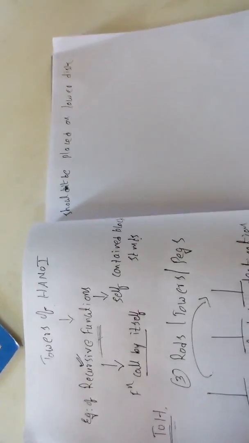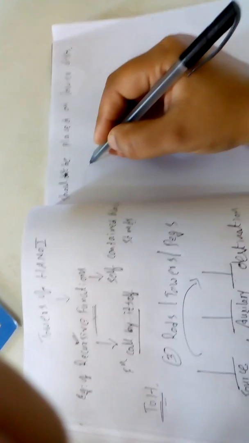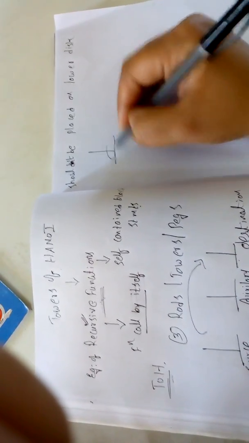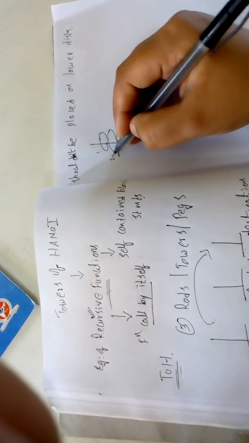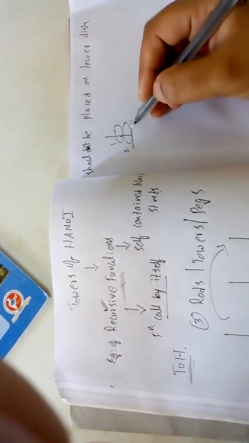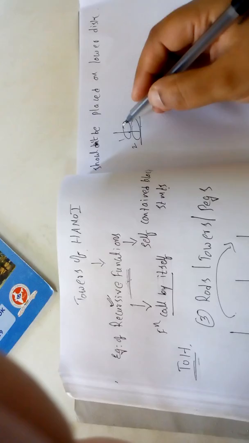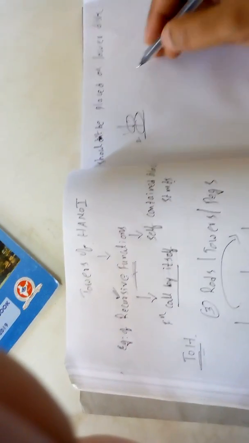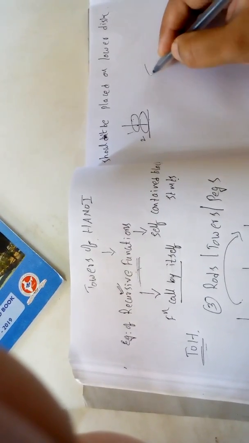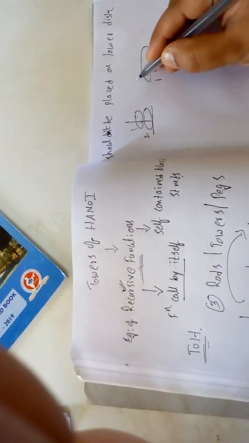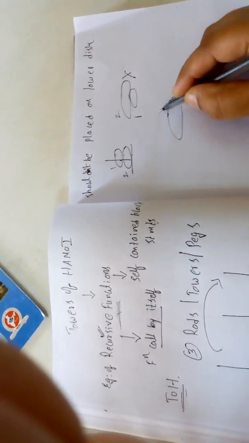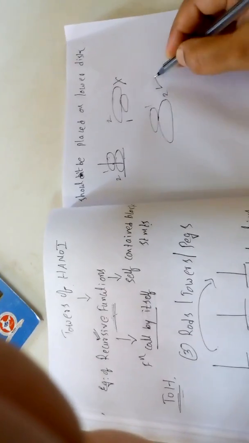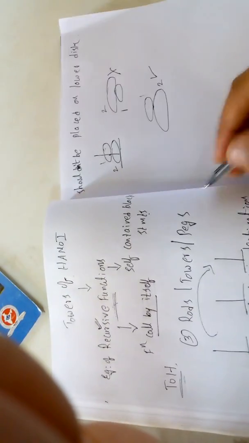That means if you have 2 discs, disc 1 and disc 2, the larger one is disc 2, whereas the smaller one is disc 1. That means on a lower disc it is not possible to place a higher disc. On a higher disc it is possible to place a lower disc. This is the second rule.